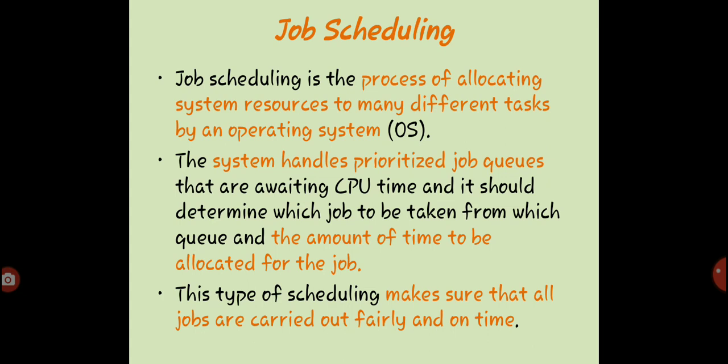Here the operating system intervenes. It allocates any one of the waiting jobs to the processor. Only one job or one process can get the CPU at a time. After the process is over, it will allocate the processor to the next waiting process. So this is called job scheduling.